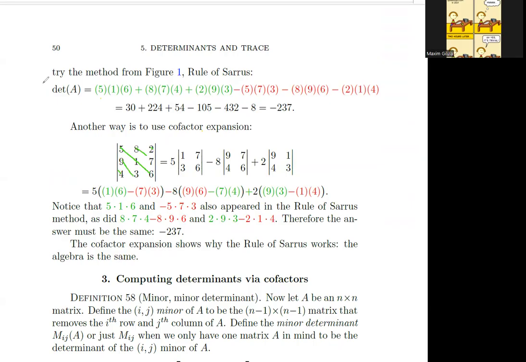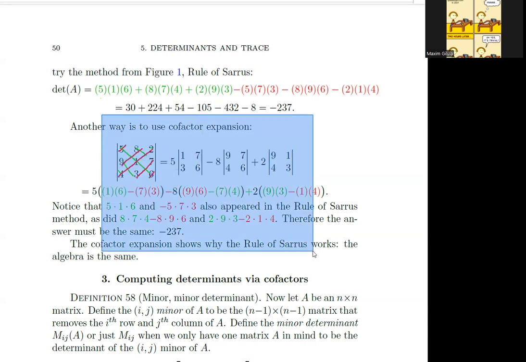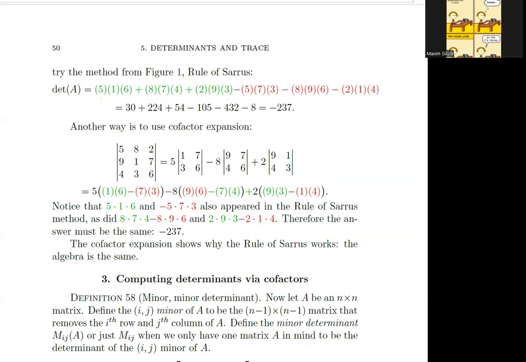And then you subtract 573, 896, and 214. So we added and subtracted all those possible diagonals. So you get minus 237 if you do this method.